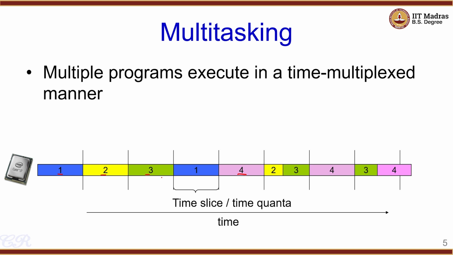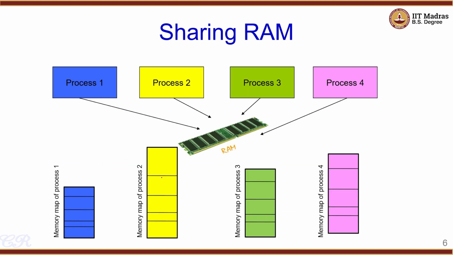Okay. So what does this mean from a memory perspective is that all the processes that are currently executing or multiplexing the CPU should reside in the memory, right? So here we have one memory, one DRAM, and we have process 1, process 2, process 3 and process 4 residing or getting stored within the DRAM.